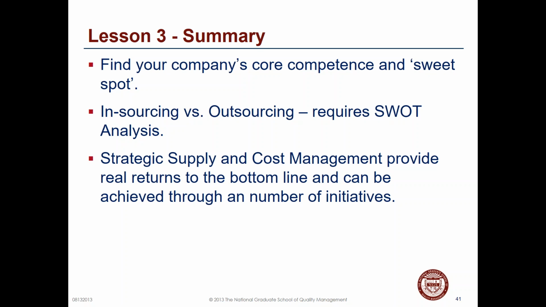So, quickly in summary, understand your organization's core competencies. Look at where those sweet spots are. That's where you're really going to focus. And then insourcing and outsourcing really requires you to understand what your strengths, weaknesses, opportunities, and threats are.